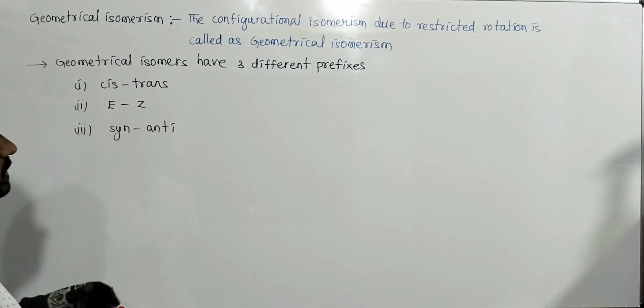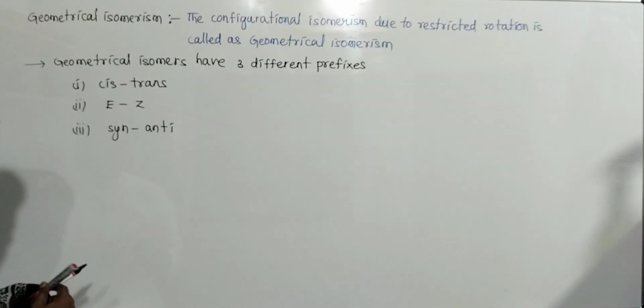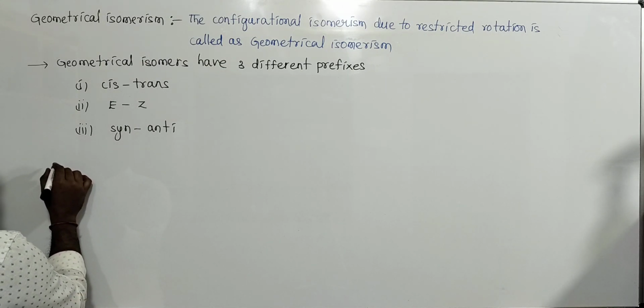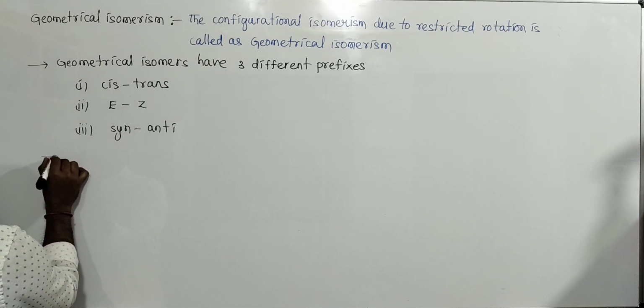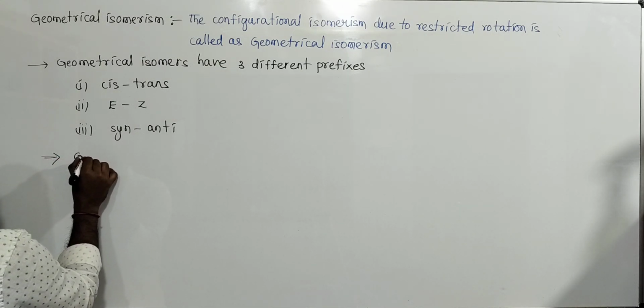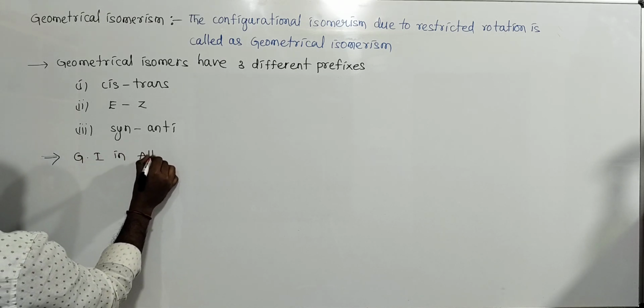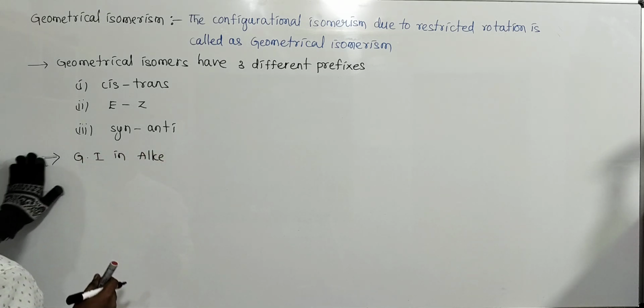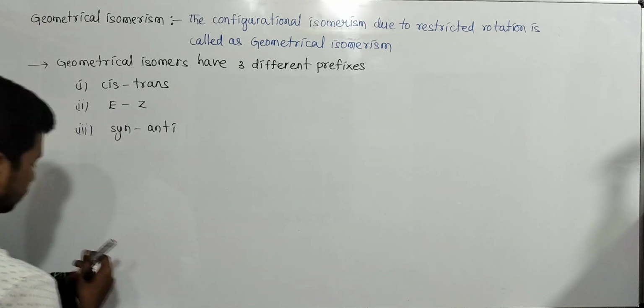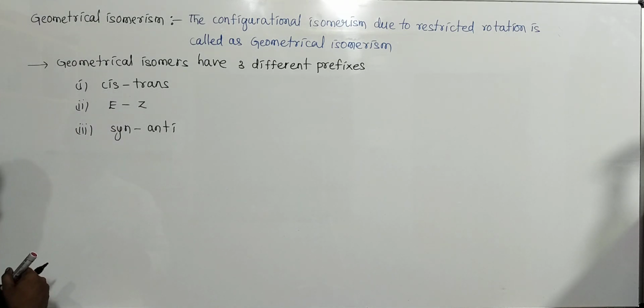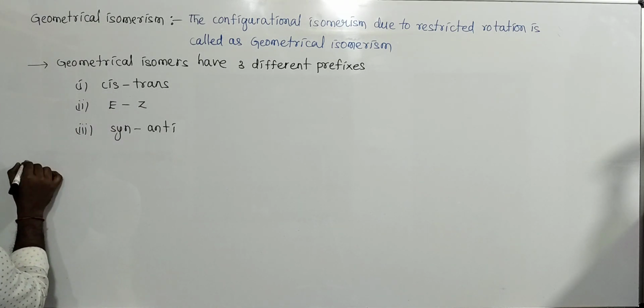Okay, so these examples are geometrical isomerism in alkenes. We are going to see geometrical isomerism in alkenes.